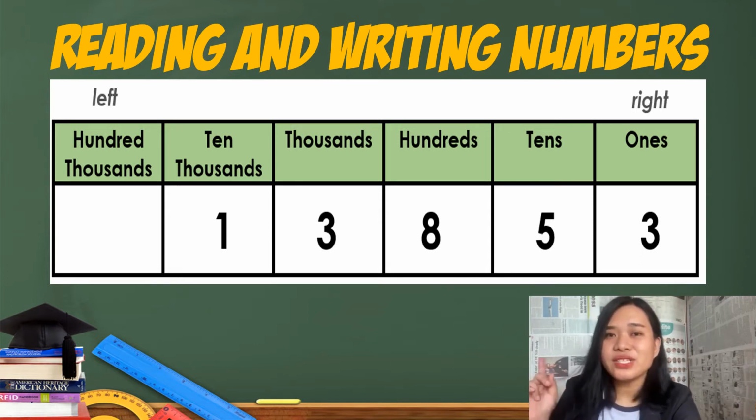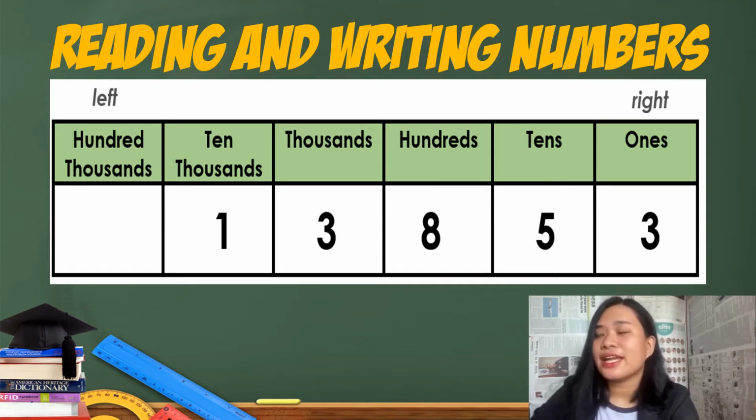So what can you see on the presentation? We can use this place value chart to read and to write numbers. So we have here ones, tens, hundreds, thousands, 10,000s, and hundreds. And this number, we read it as 13,853.